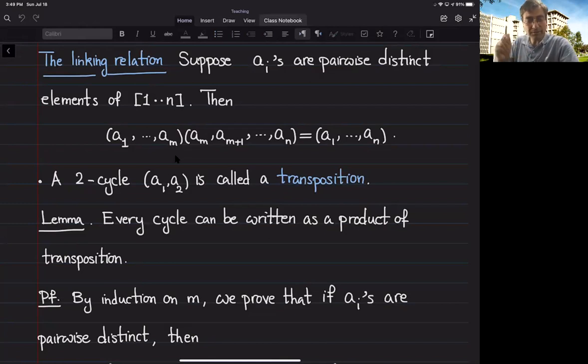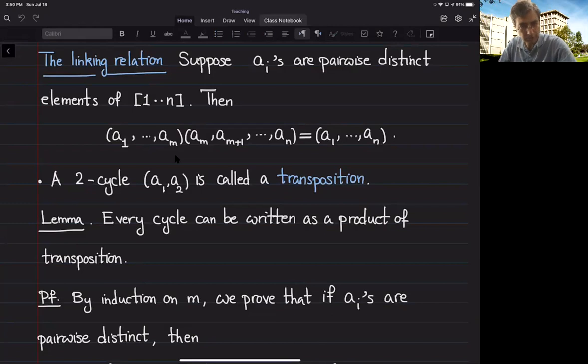If I write the numbers in a way that the common point is at the end location of the first cycle and at the starting location of the second cycle, then the product of these cycles is essentially the cycle that you start by writing a sub 1 to a sub m, and then continue with the second cycle.